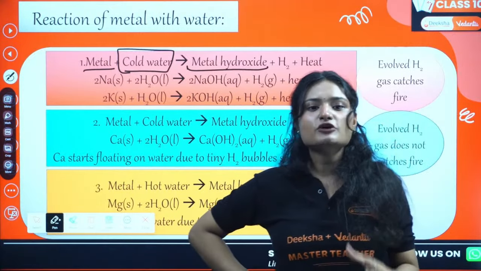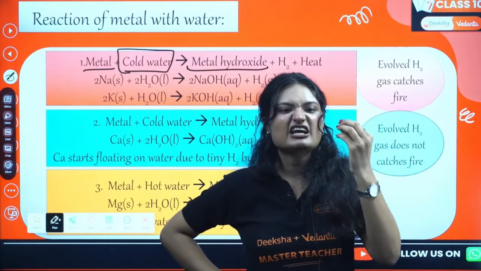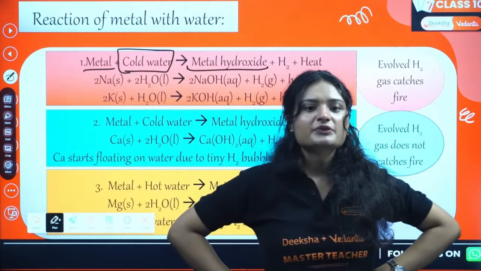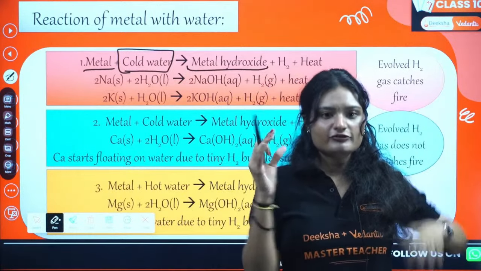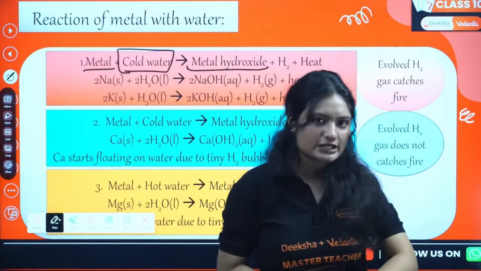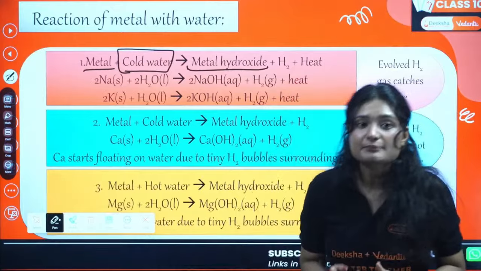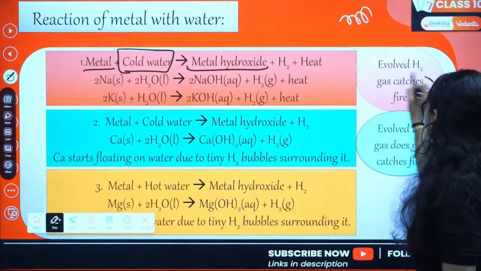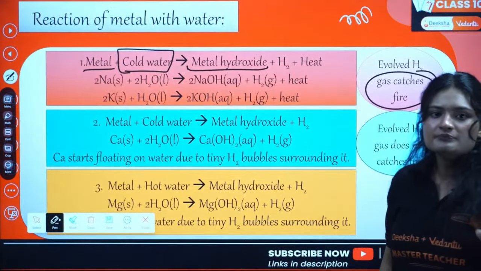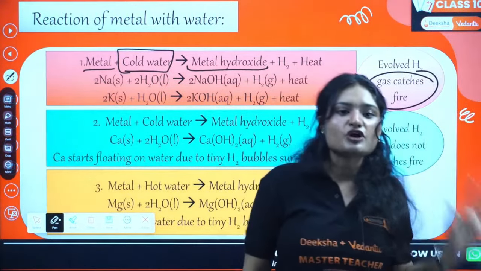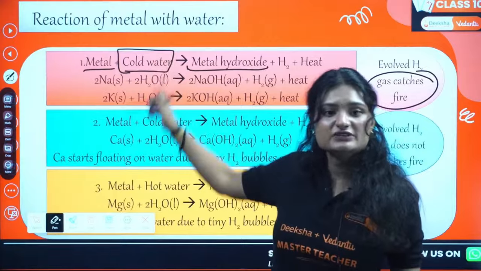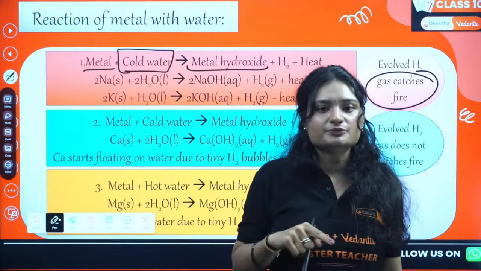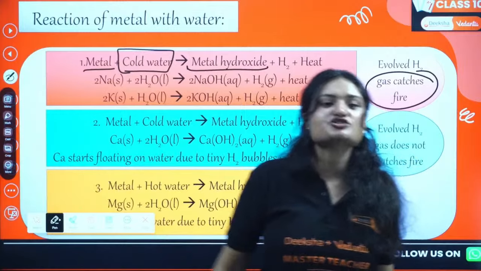We normally use it for explosions, for bombs and everything. So when hydrogen and heat combine, there is fire. So the hydrogen gas that is evolved in the case of sodium and potassium instantly catches fire.